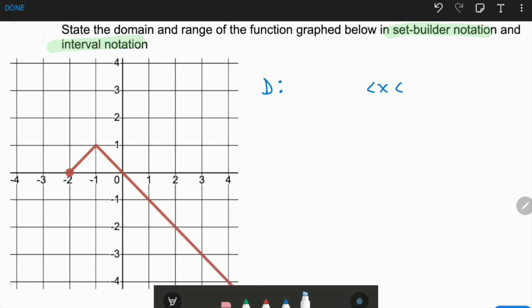I start from the left side and go until I touch the graph. And we get to the graph right here this time. It's not running off, so we actually place the number. The number is -2. And you can see it's a solid dot there. If it is an open dot, we wouldn't include it, but solid dots and solid lines are included.